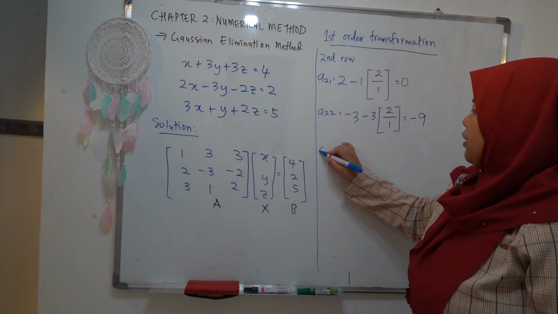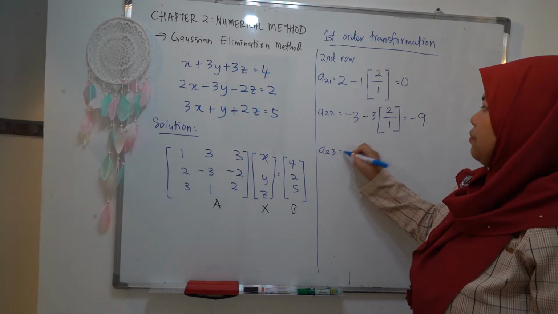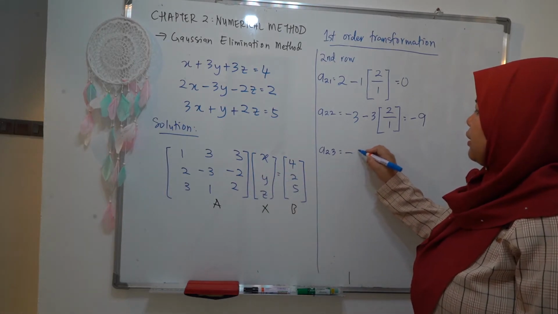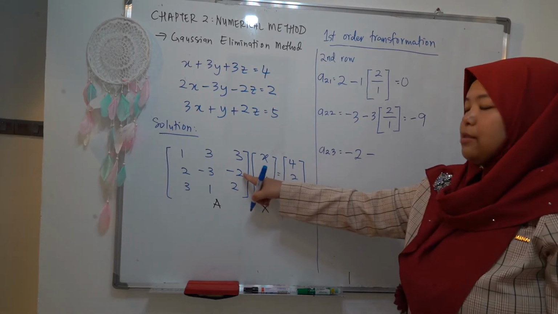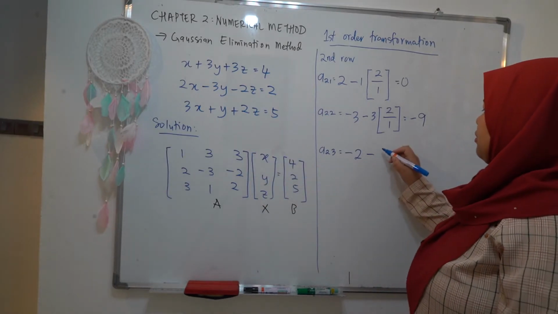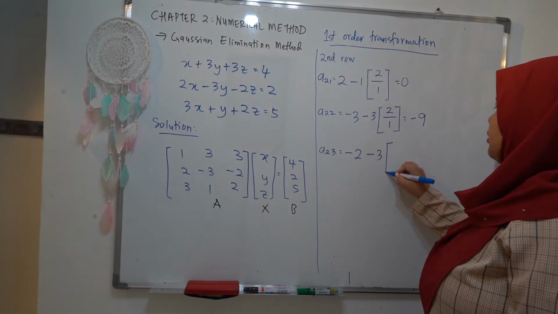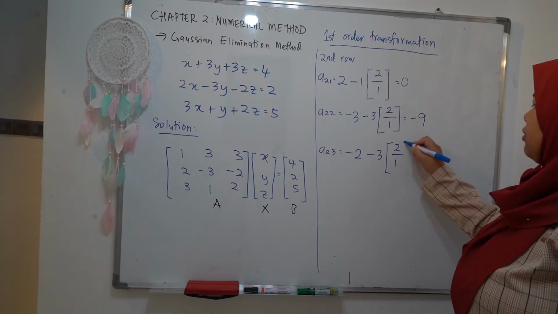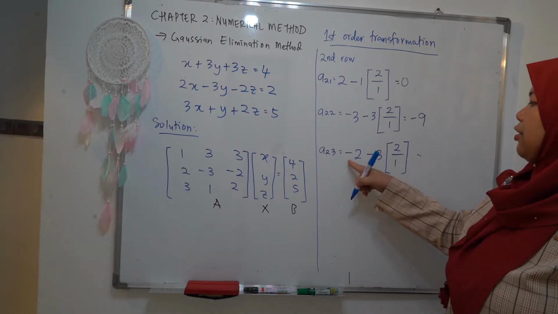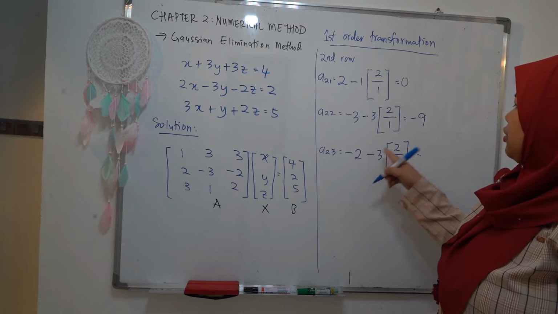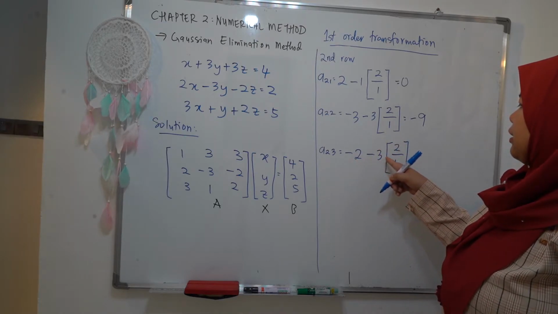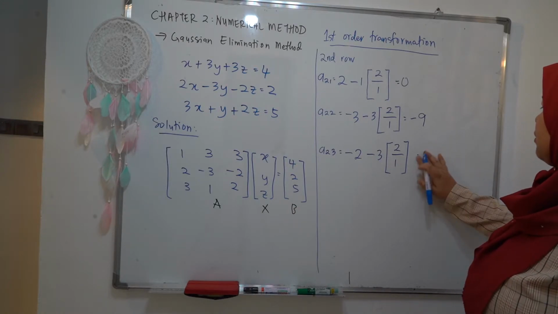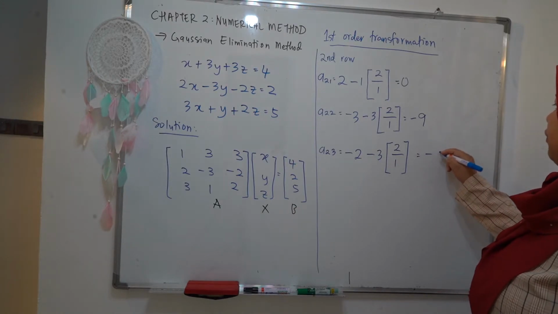For A23, I continue here: negative 2 minus 3 times 2 over 1. Here is negative 2, and here is negative 6, so I will get negative 8.